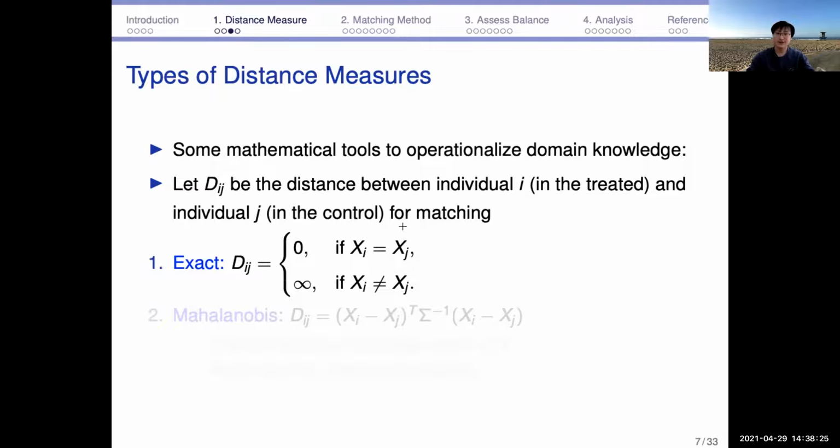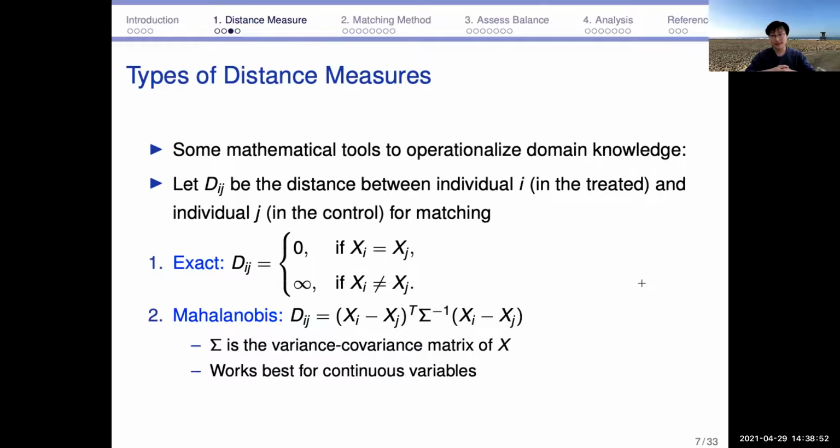It's 0 if the two covariates are exactly the same, otherwise they're completely different. Now, we've seen the use of this distance, if you still remember, in the little red balls and blue balls example that I showed last class. But very often this is not very practical.